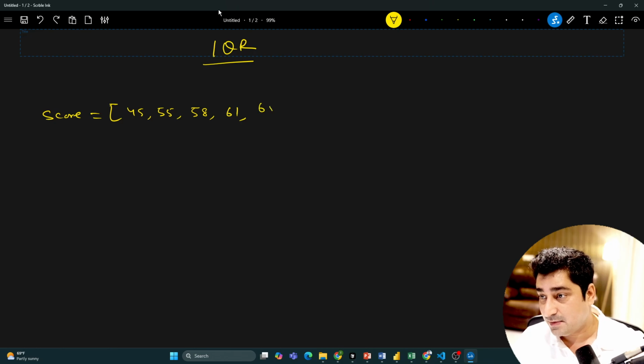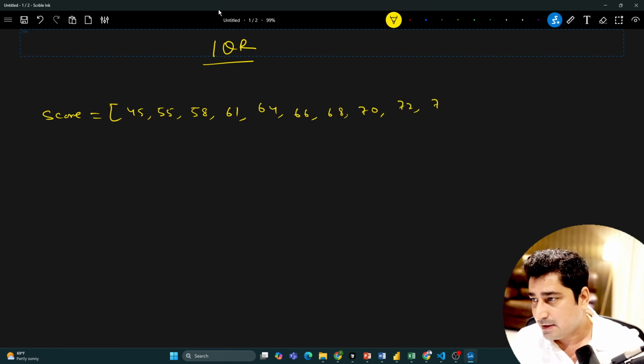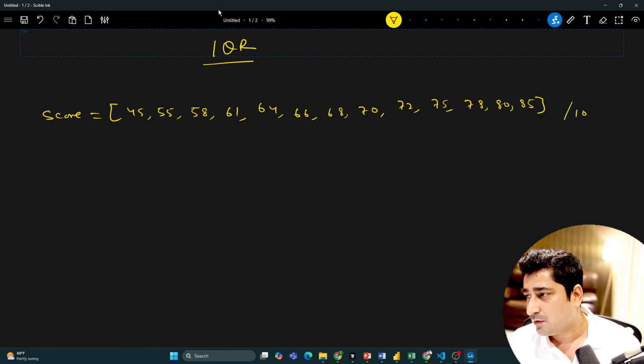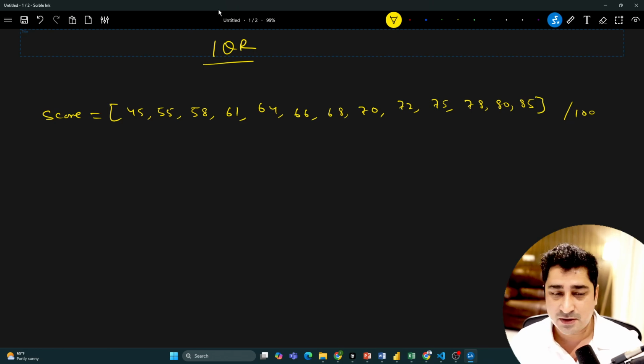So someone has scored 64, someone has scored 66, 68, 70, 72, 75, then 78, 80, and then 85. So these are the scores some of the students have scored out of 100.